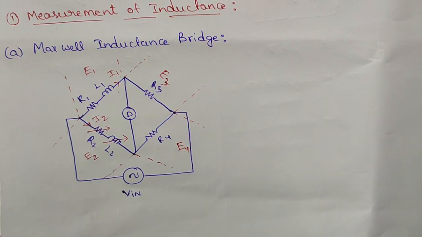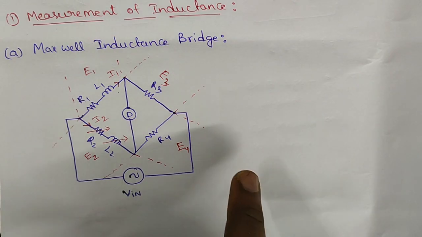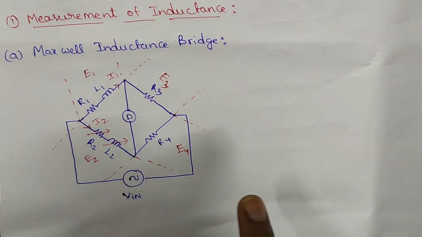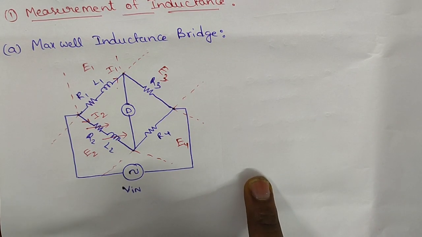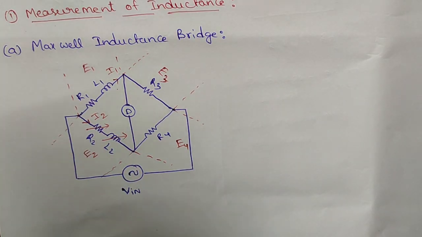We are now going to derive this circuit in 3 steps: circuit diagram, phasor diagram, and next the bridge balance condition, obtaining the inductor and resistor values.